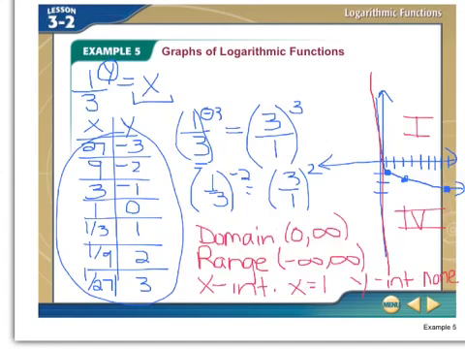Looking at our end behavior, as x approaches infinity, our y value would be approaching negative infinity, because this arrow is pointed downward and to the right.